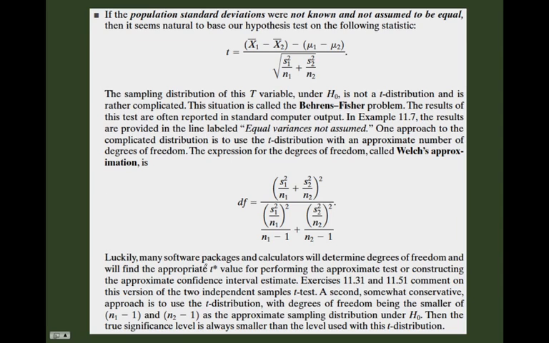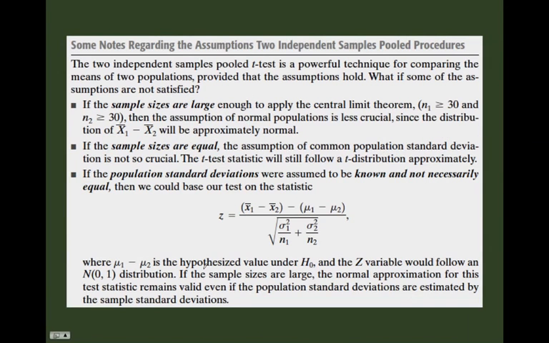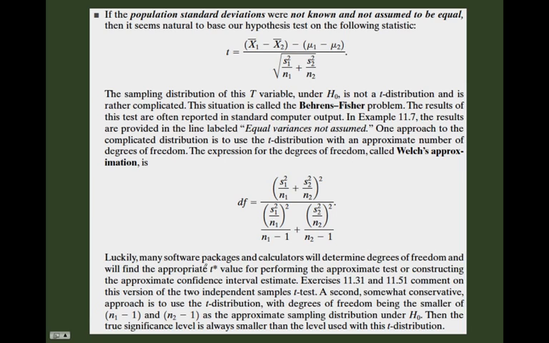Now, if the population standard deviations are not known and not assumed to be equal, then we have another test statistic that we use. This is the example where we would not pool the standard deviation. If you notice, the form of this Z transformation is very similar to the form of this T transformation.